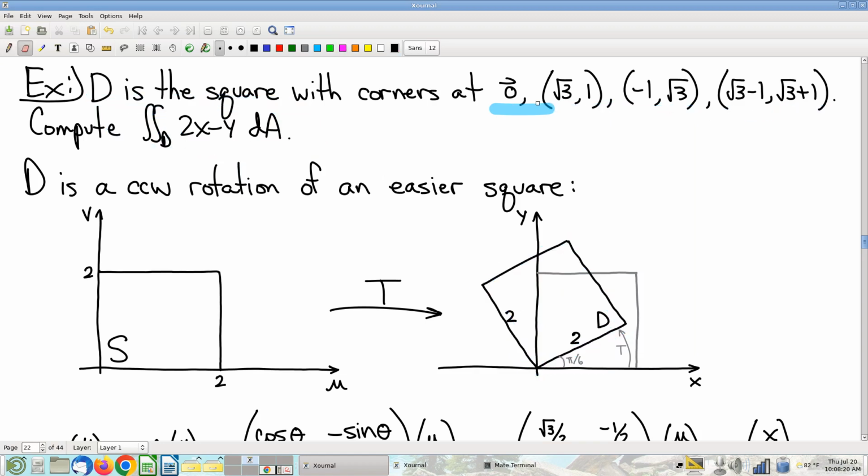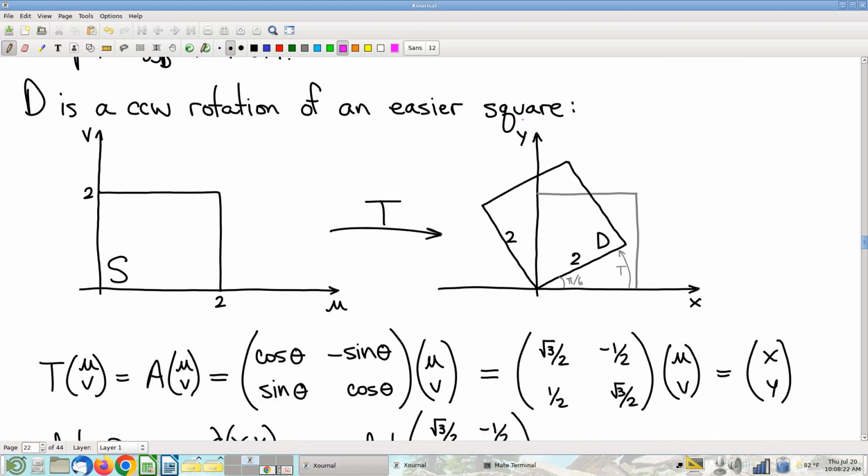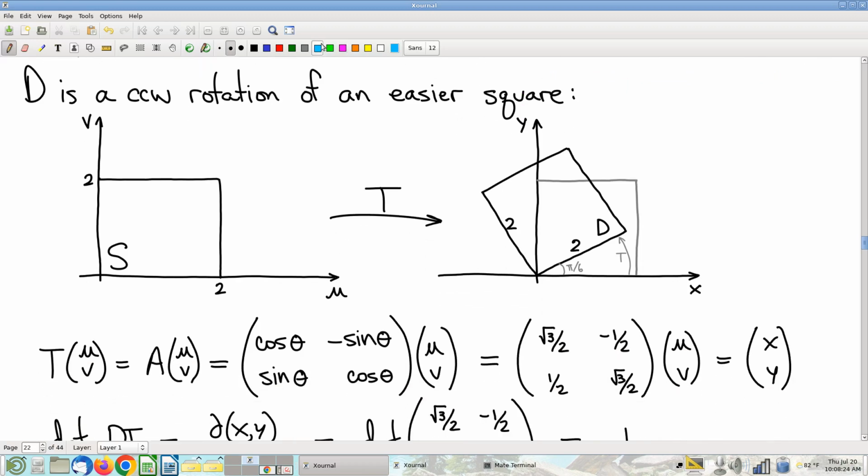Okay, so what I'm going to observe is that this square that I have is a counterclockwise rotation of what you might think of as this square that I'm drawing in green there.